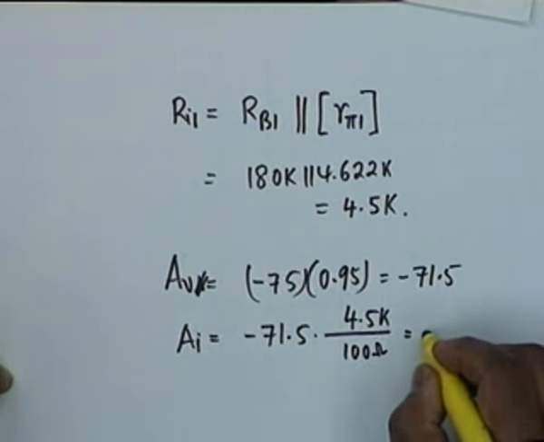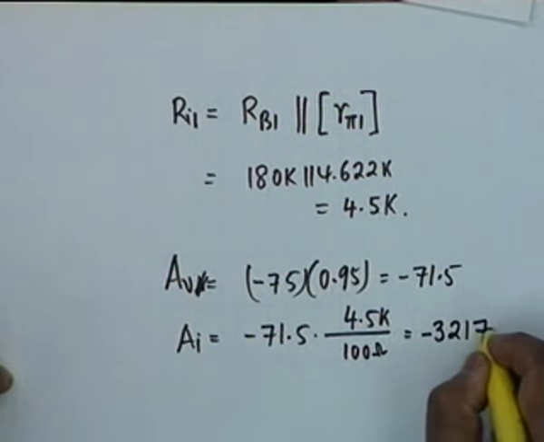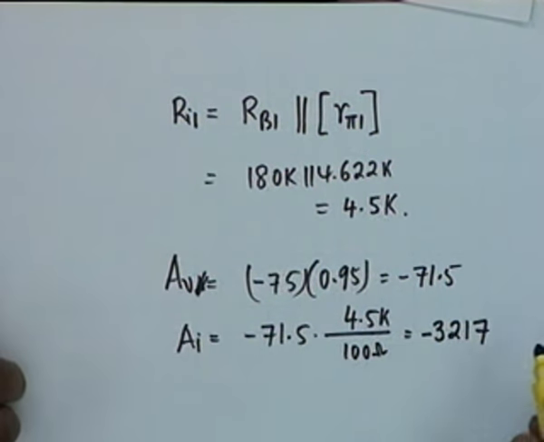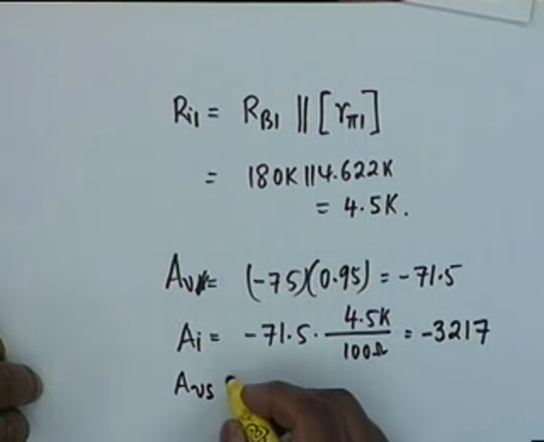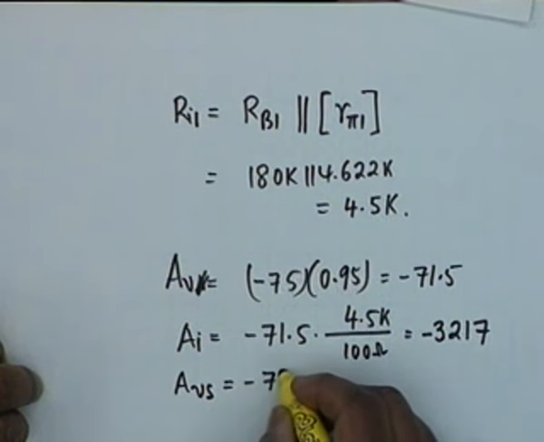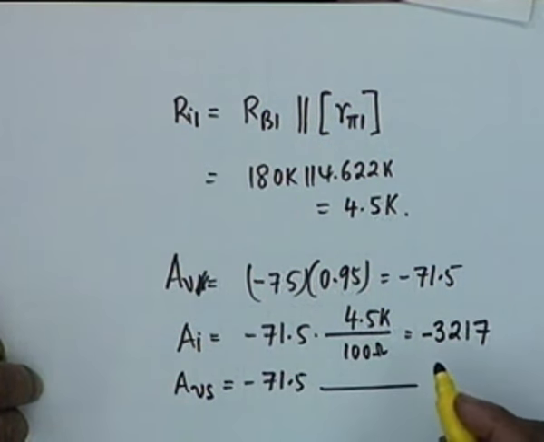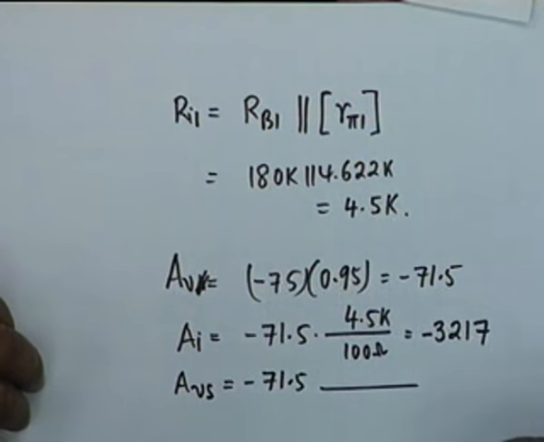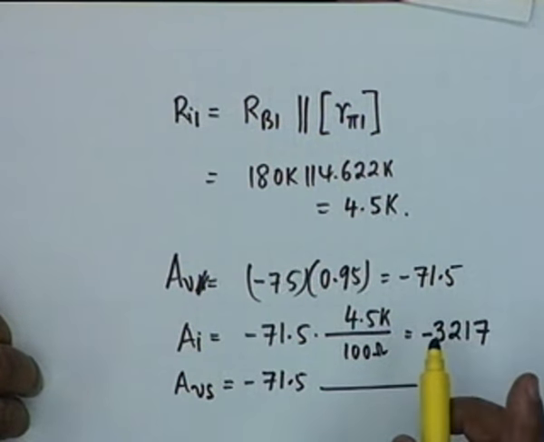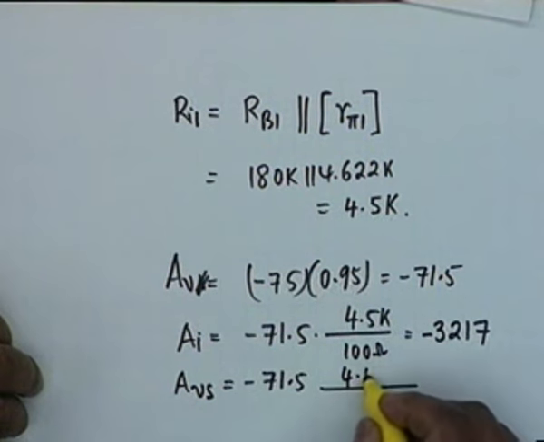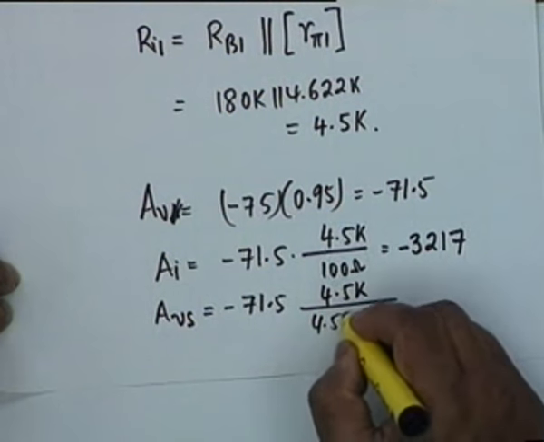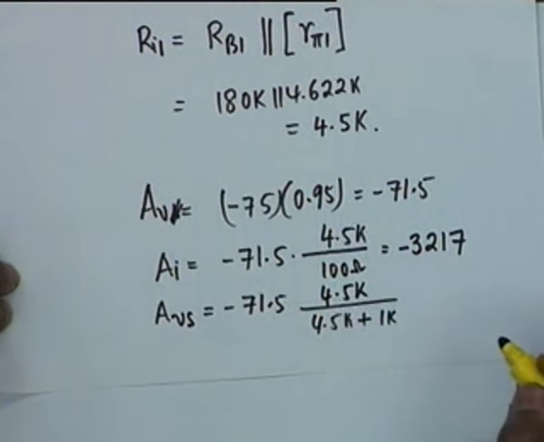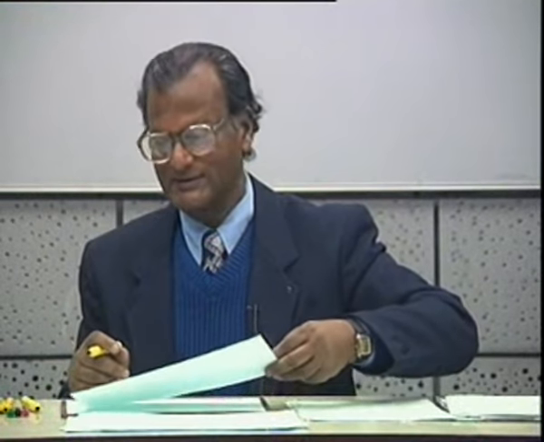And this comes out as minus 3217. And finally, you can calculate A sub VS as equal to AV, that is minus 71.5 times Ri, that is 4.5K, over 4.5K plus 1K. I didn't calculate it for obvious reasons.